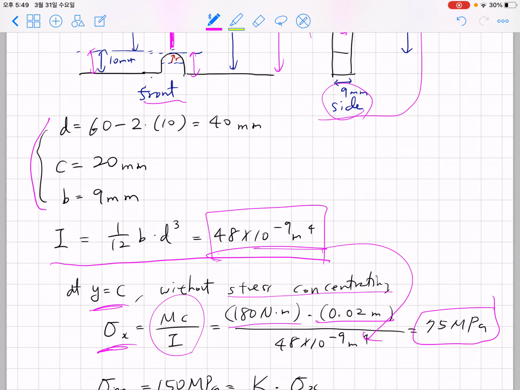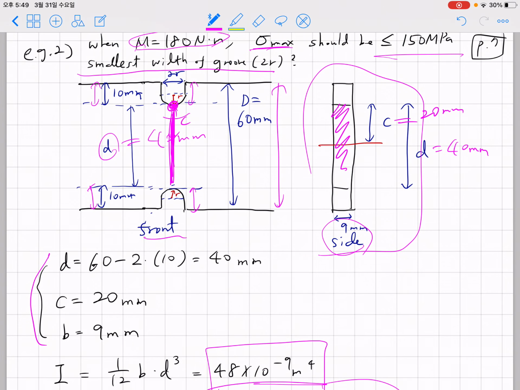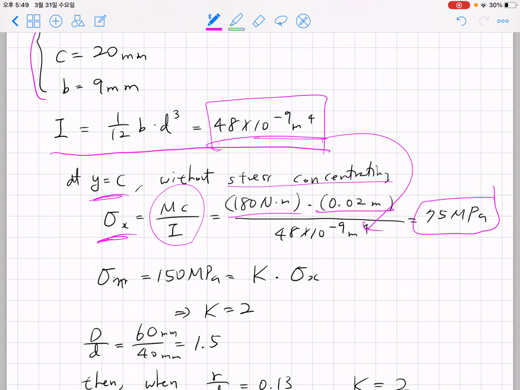However, 75 megapascal is not the correct answer, because there should be a stress concentration effect. If we consider the constraint of the problem, the maximum stress must be smaller than or equal to 150 megapascal, and by considering this stress without stress concentration, what we can infer is K must be 2 or smaller.